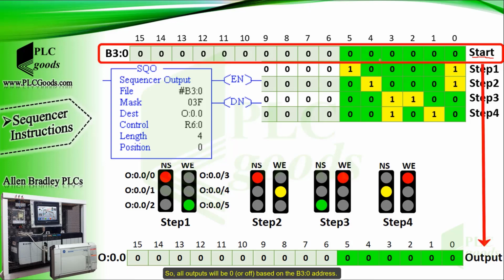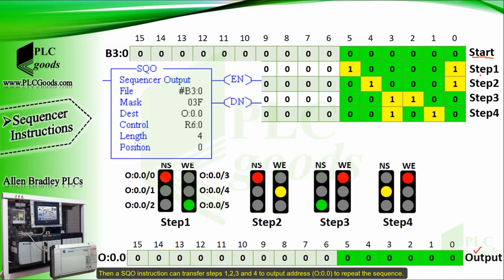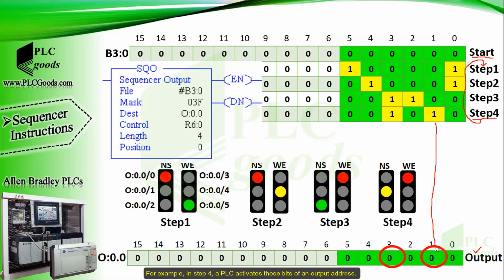So all outputs will be 0 or off based on the B30 address. Then a SQO instruction can transfer steps 1, 2, 3, and 4 to output address O0 to repeat the sequence. For example, in step 4, a PLC activates these bits of an output address.